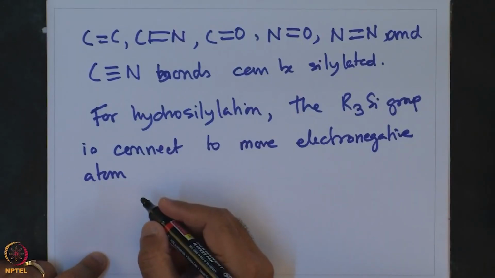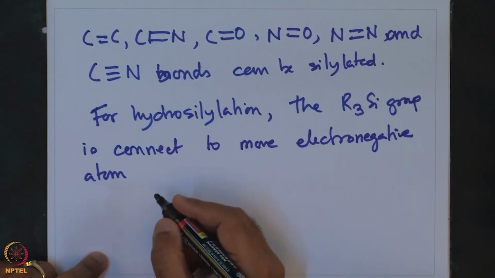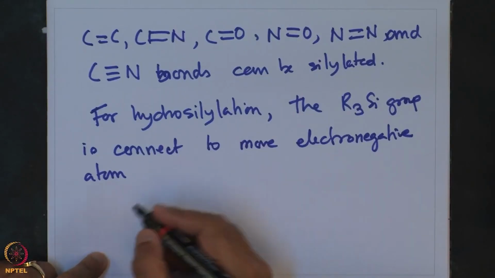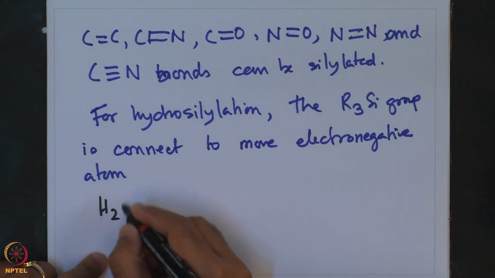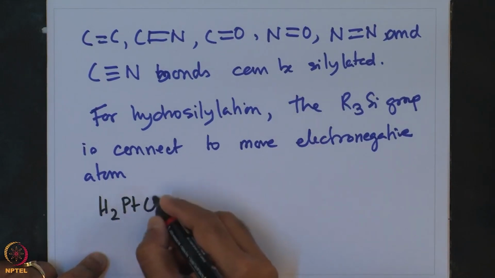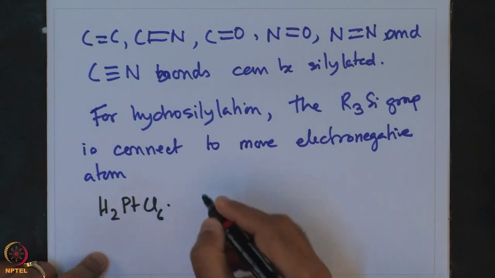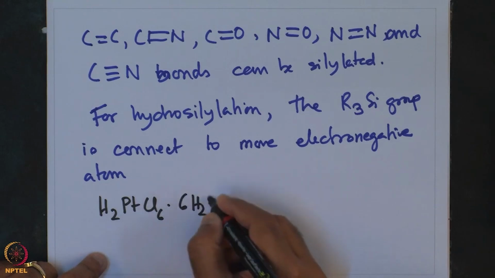There is a catalyst called Speier's catalyst, which is the catalyst of choice for silicon hydrogen addition to non-activated double bonds, and the complex is H2PtCl6·6H2O.